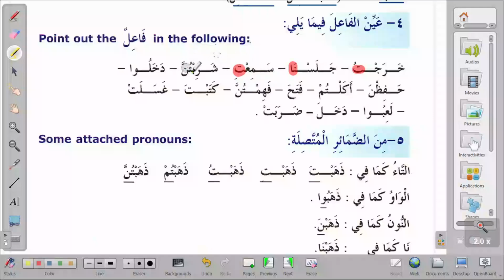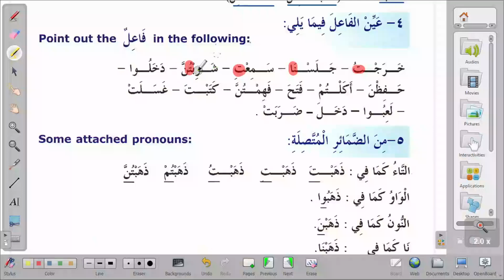Sharibtunna, you drank, and you are speaking to feminine plural, females, several of them. So the ta, as I just told you, is the doer. Then this noon is a sign of jam', plural for feminine.